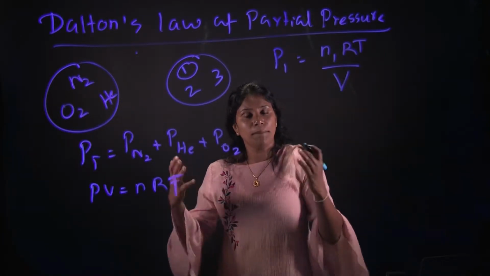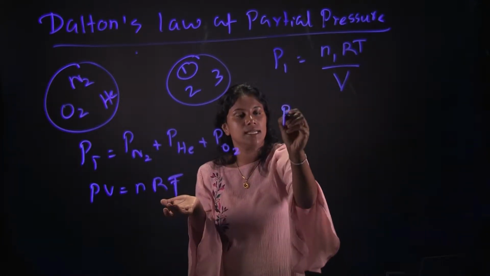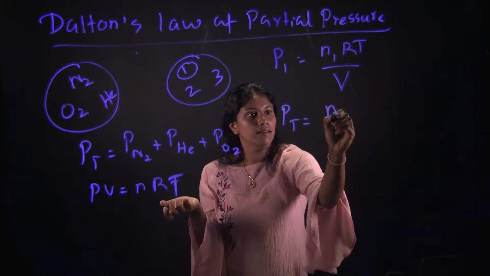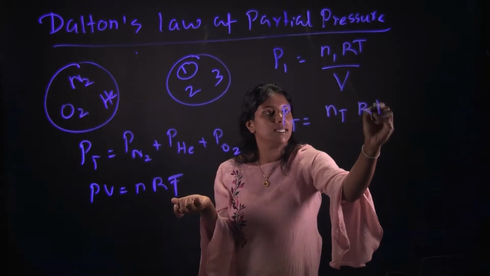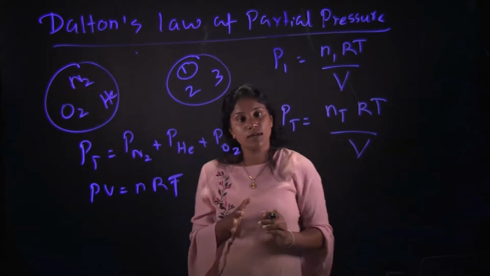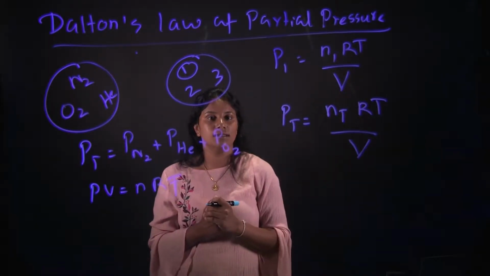So what about P total? P total is N total RT divided by V. N total means total number of moles.